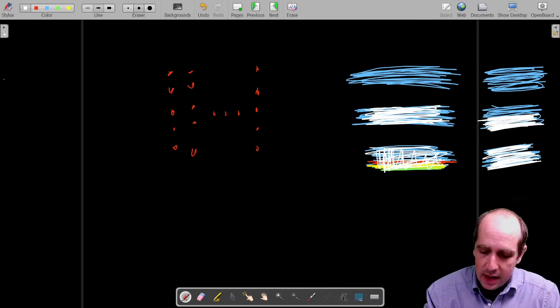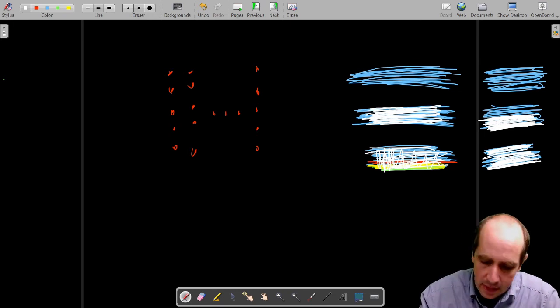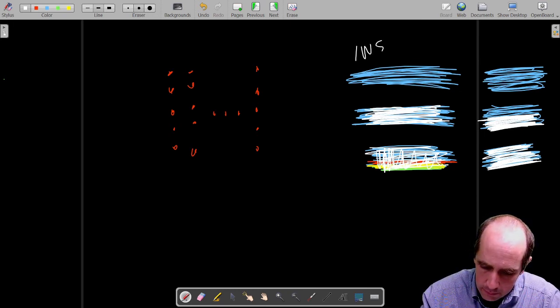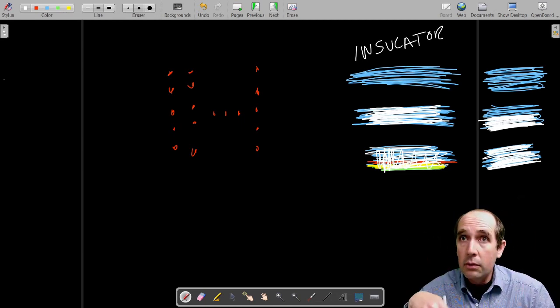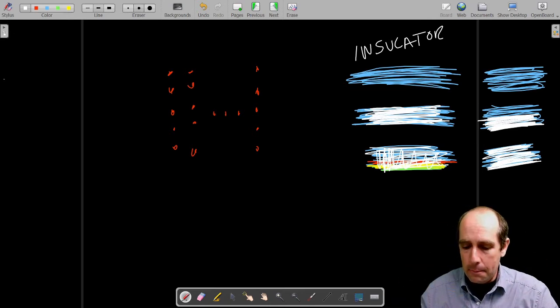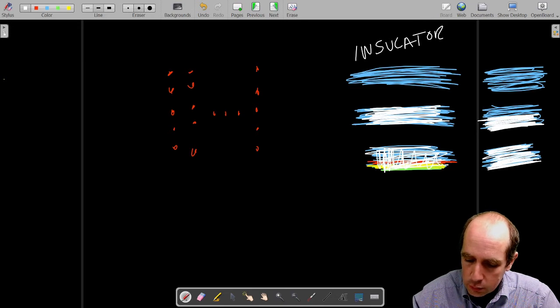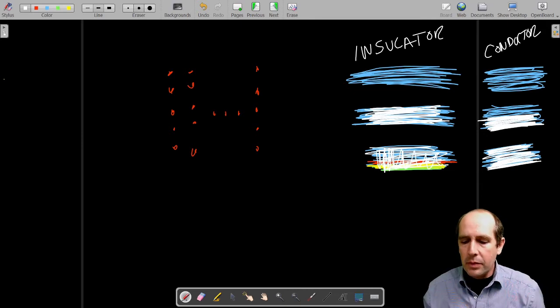Because when we have a completely full band and then the next band is completely empty, what we have is an insulator or a dielectric material. And when the last populated band is half full, what we have is a conductor or a metal.